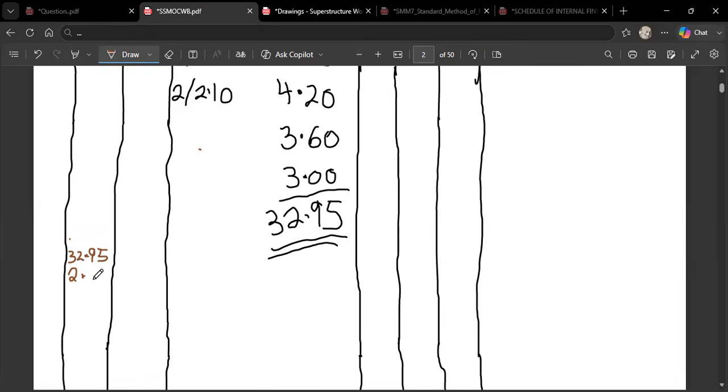When you multiply the two, you are going to get 95.55. Let's all try together. So that is 32.95 times 2.90.